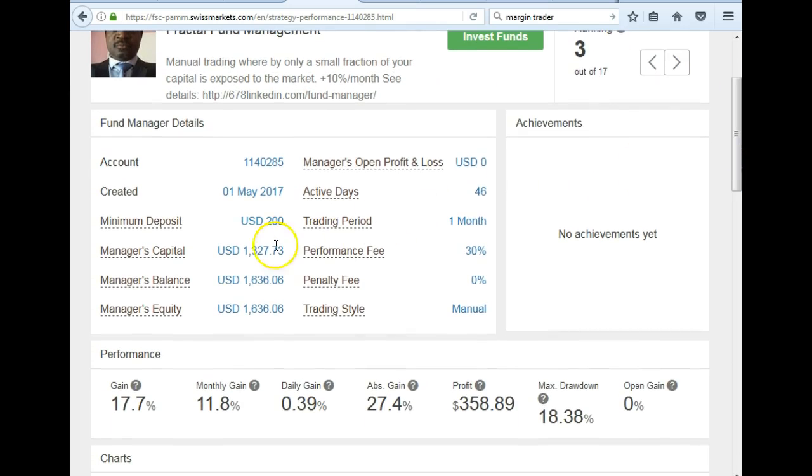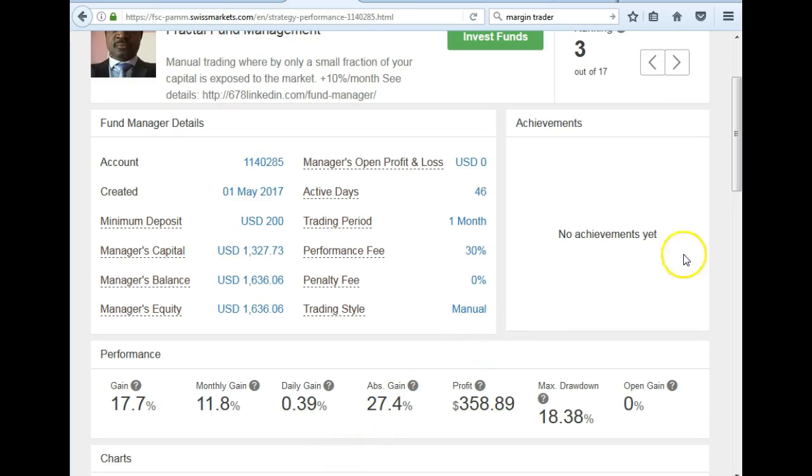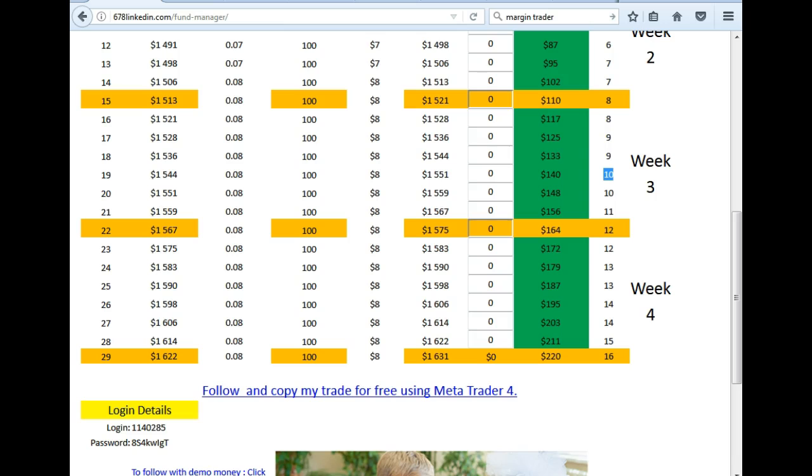As you can see, the total amount of profits as at the time of June 16, 2017 is 1,636, which corresponds to the same 1,636 here. Okay, this is how it works. It doesn't really matter with trade copying.